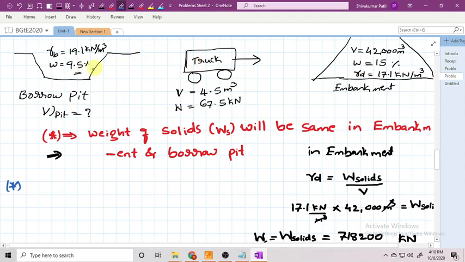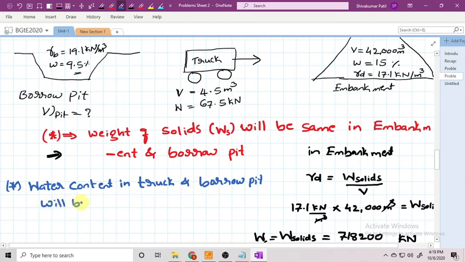I am not going to add any water during transportation. So water content in truck and borrow pit will be the same, neglecting loss of water content due to evaporation.